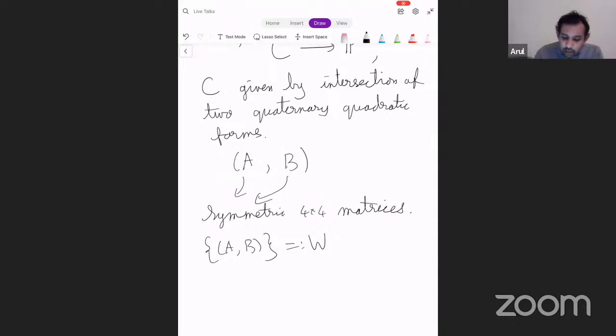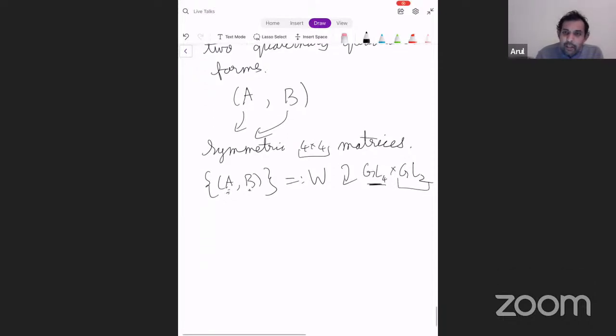Sorry. So W comes with an action of GL4 cross GL2. It's a natural action. GL4 acts on it because these are 4x4 matrices, and because there are two of them, A and B, GL2 acts on it.